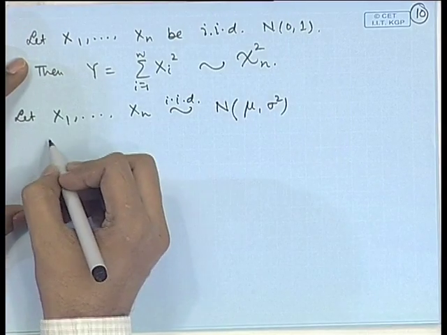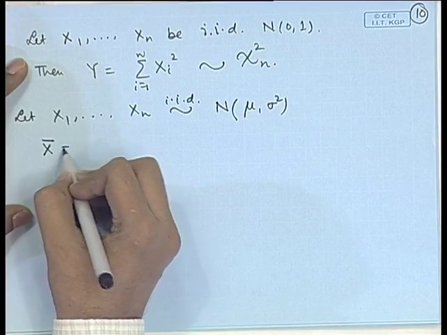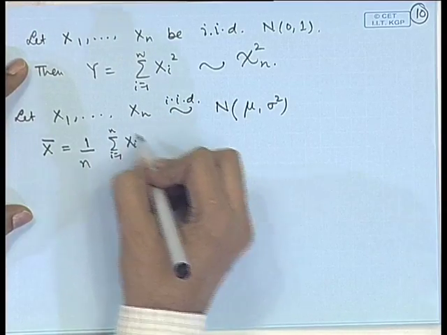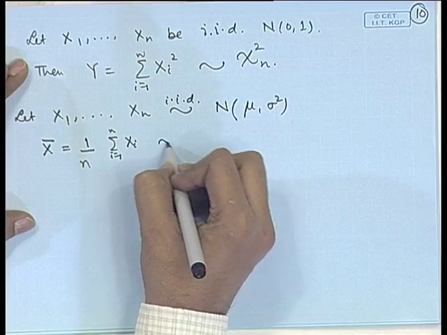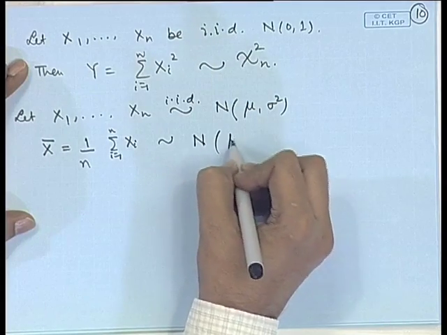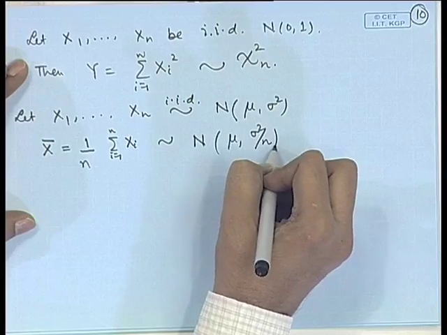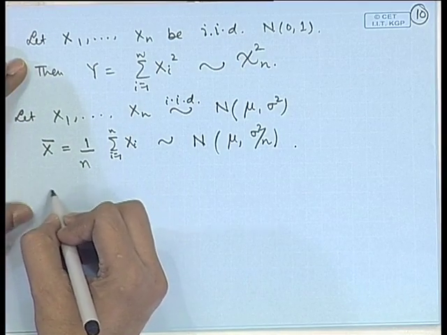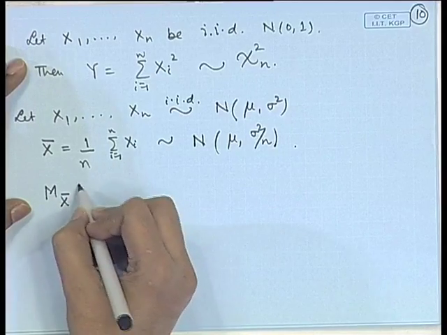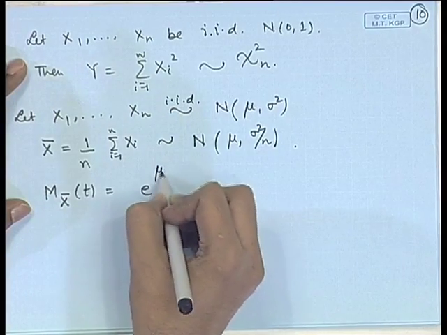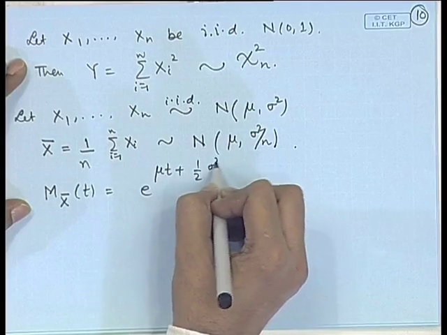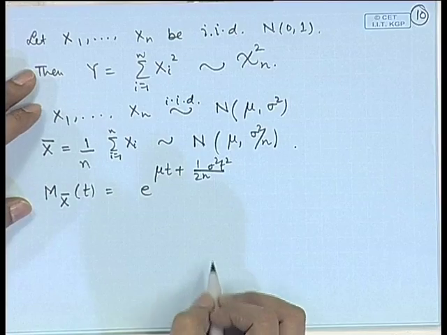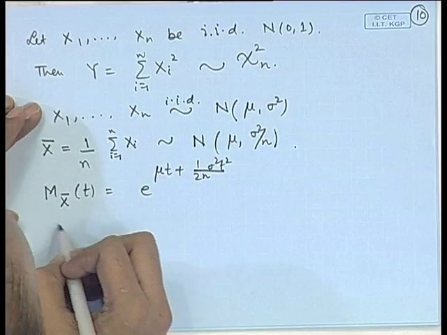If we define X bar as the mean, then by the linearity property this will follow normal mu, sigma square by n. Therefore, the moment generating function of X bar will be e to the power mu t plus half sigma square t square by n. So, we prove the following result.